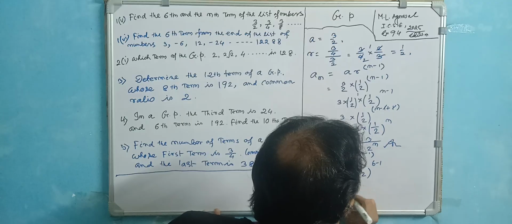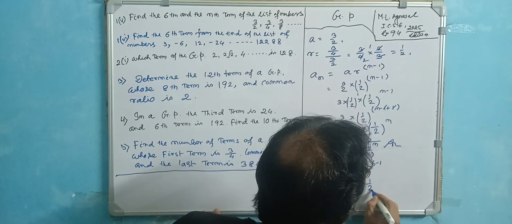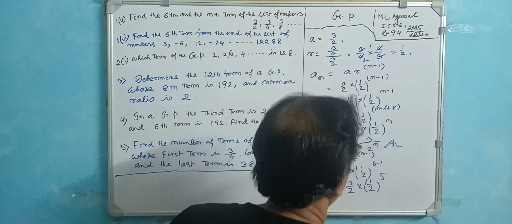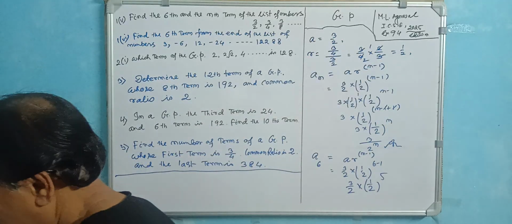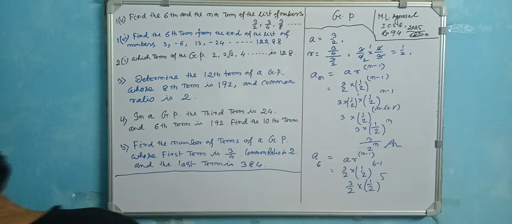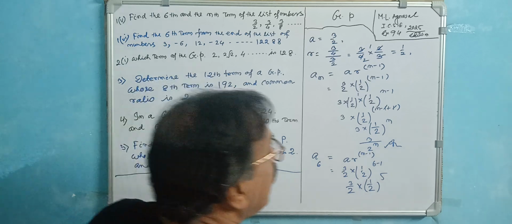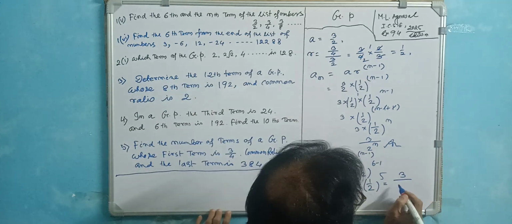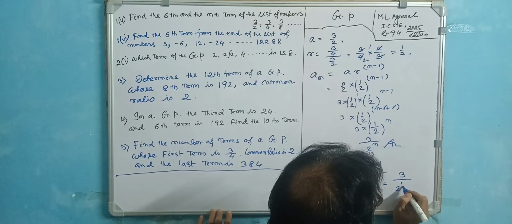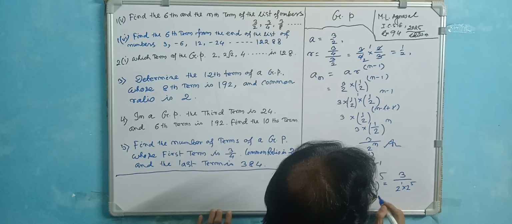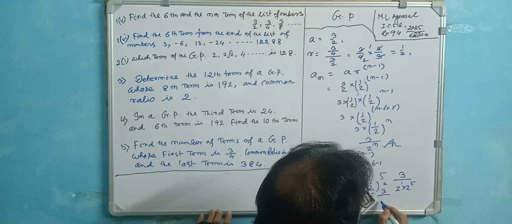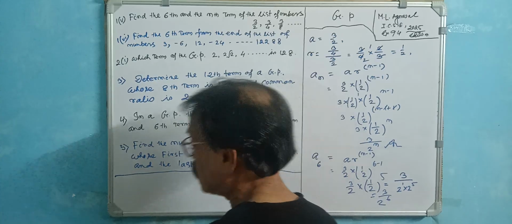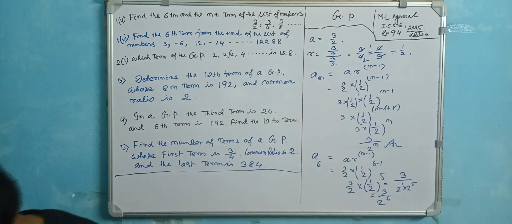So this is 3 by 2 into half to the power 5. Ultimately this is 3 by 2 to the power 1 into 2 to the power 5, so the answer is 3 by 2 to the power 6.